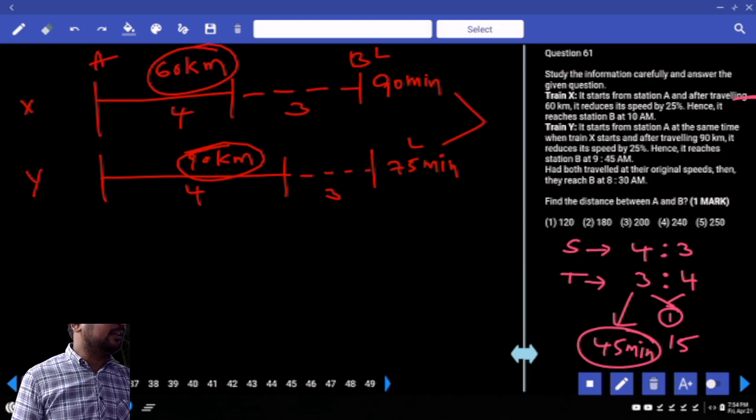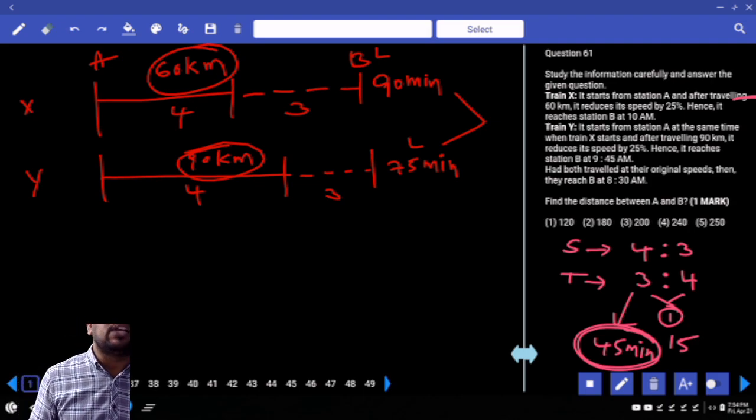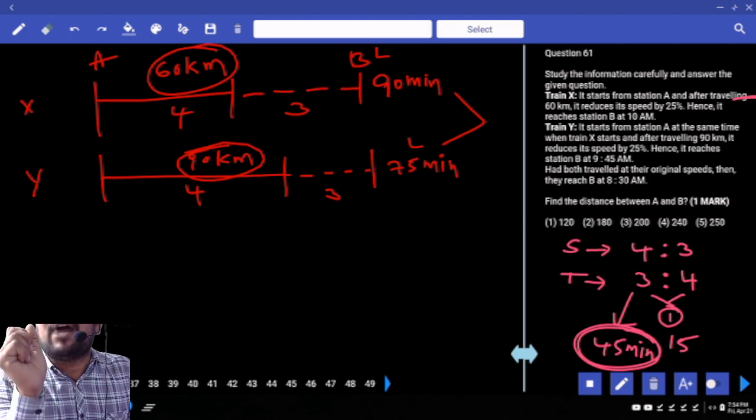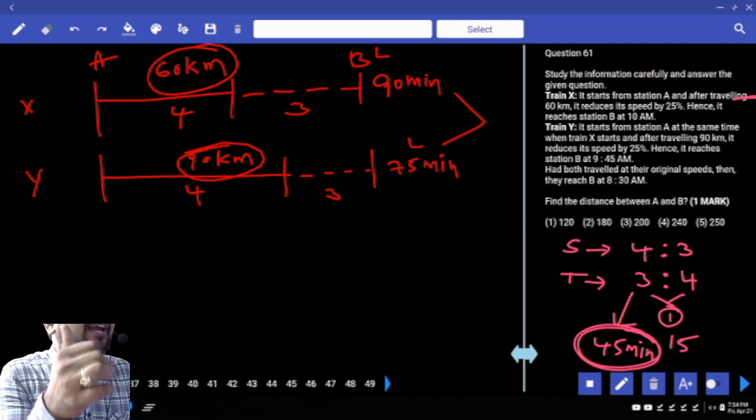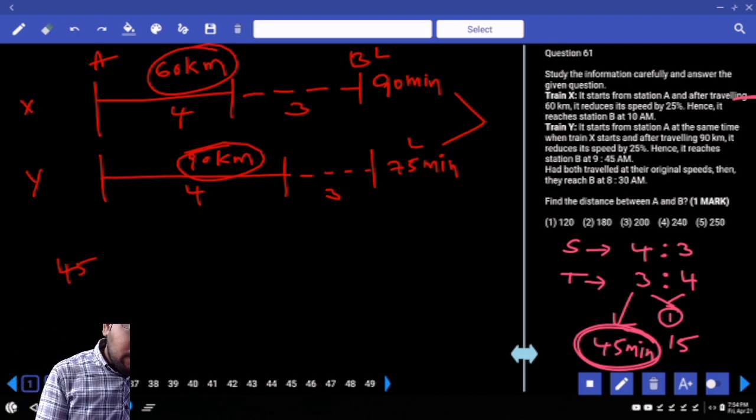In 45 minutes duration only, how much difference is there between first duration and second duration? 30 kilometers. Due to that, the train traveled 30 kilometers in how many minutes? 45 minutes. 30 kilometers in 45 minutes is nothing but in 1 hour how much they travel? In 45 minutes, 30 kilometers.